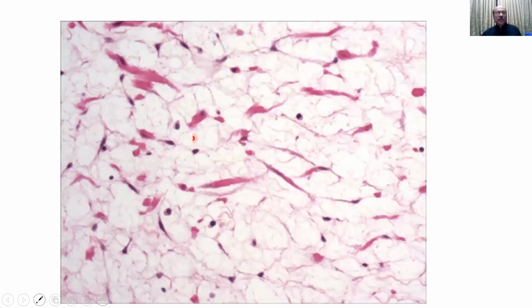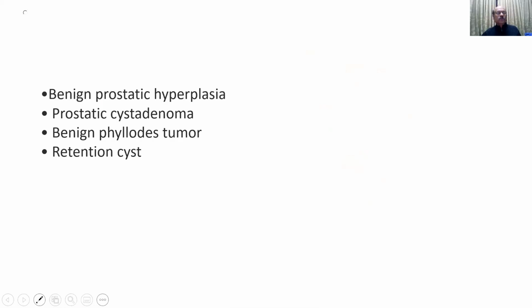The stromal cells with myxoid change. So the choices here are benign prostatic hyperplasia, prostatic cystadenoma, benign phyllodes tumor, and retention cyst. These are actually differential diagnoses of this lesion, and the diagnosis is benign phyllodes tumor.